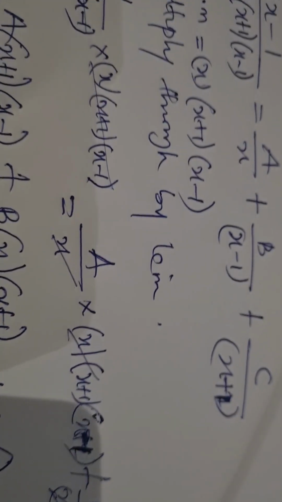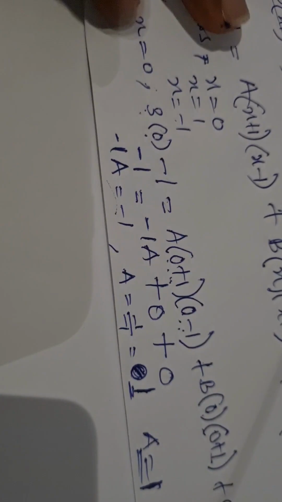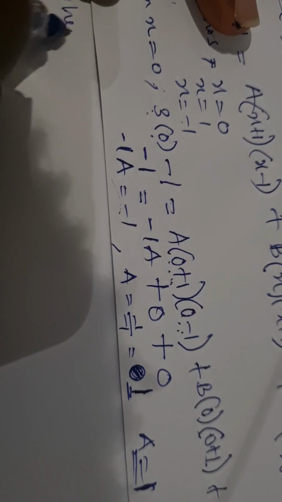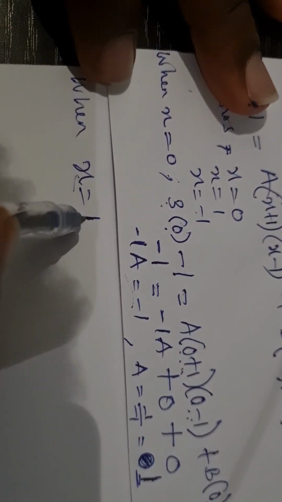We have found a. a is equal to 1. So the next one is, so a is equal to 1. Now when x is equal to 1, right?